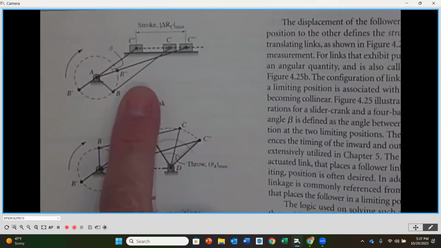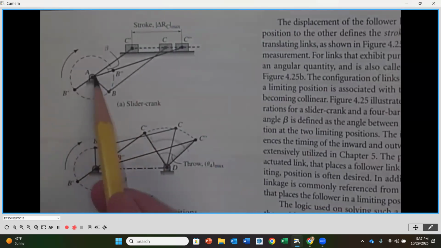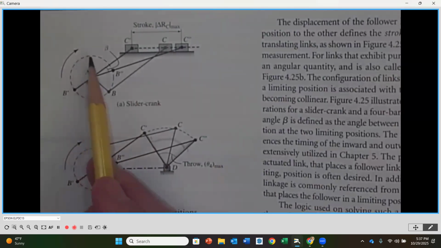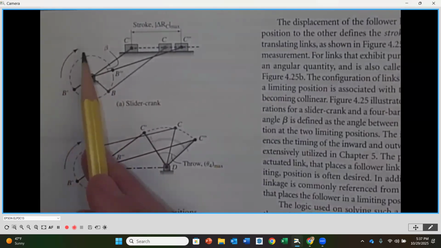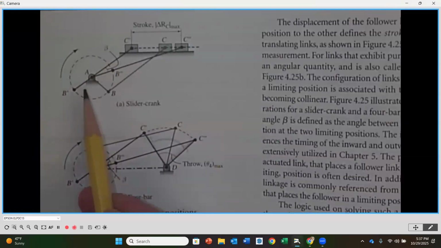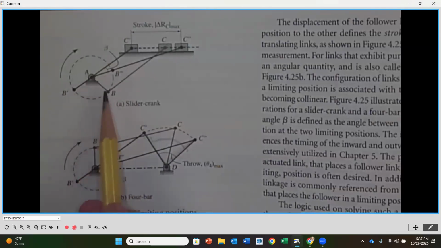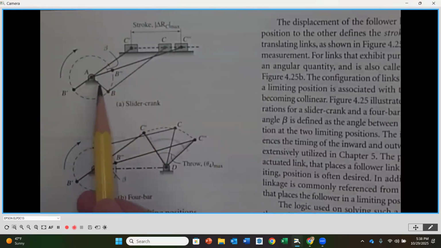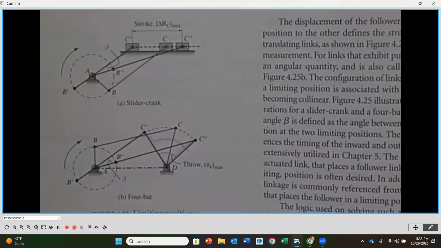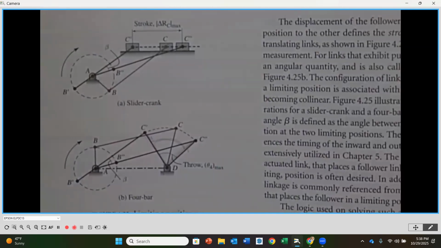We have two examples of these limiting positions, okay? So the first one on the top here is looking at a mechanism where we've got our input, which is a crank, for instance. Notice that the direction of rotation is clockwise, okay? And we have the crank going around. Now, they have three configurations here of our mechanism. The first configuration is just a random position inside of what we call the cycle.